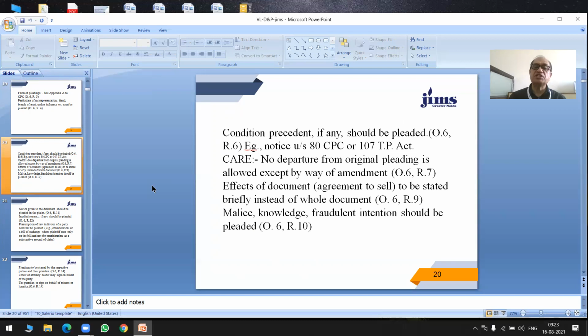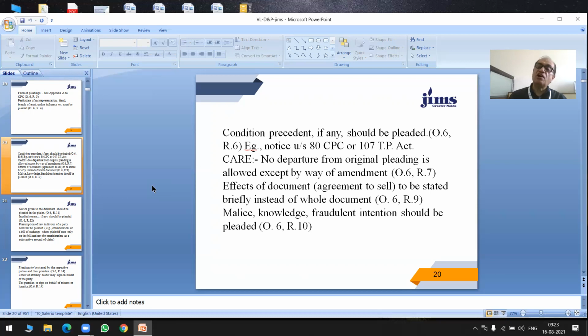And if there is some condition precedent, advance condition, that condition precedent should also be pleaded. For example, if you are going to file a suit against Government of India, legally you are supposed to give a notice under Section 80 CPC.